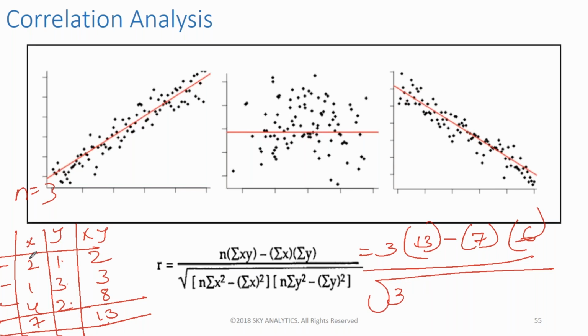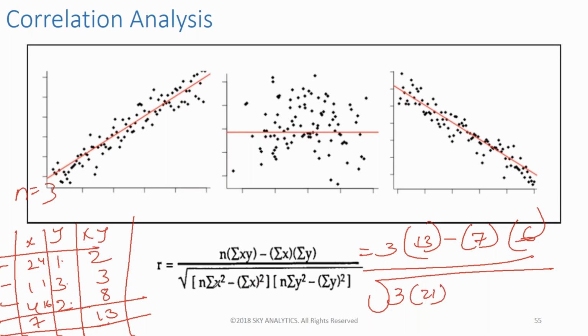Summation of X square means you should square each value. It is not 7 square, try to understand. 2 square is 4, 1 square is 1, 4 square is 16. So 16 plus 4 is 20, 21 it is.